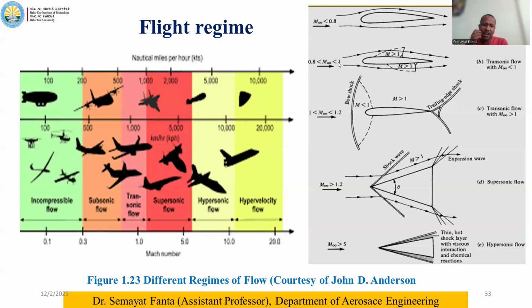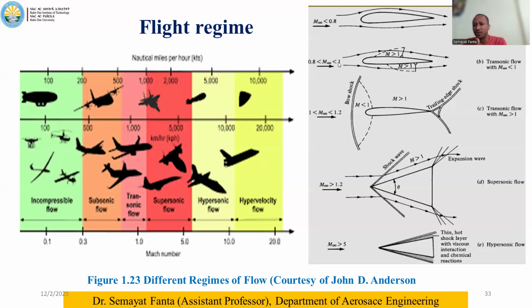Why do we call it that? 0.82 is considered a critical Mach number, from which point onward the drag abruptly shoots up to the maximum point, and finally it reaches the sound barrier.